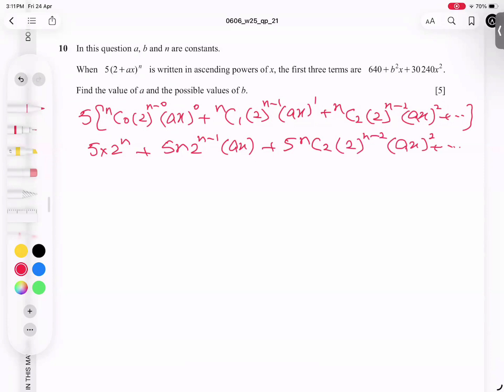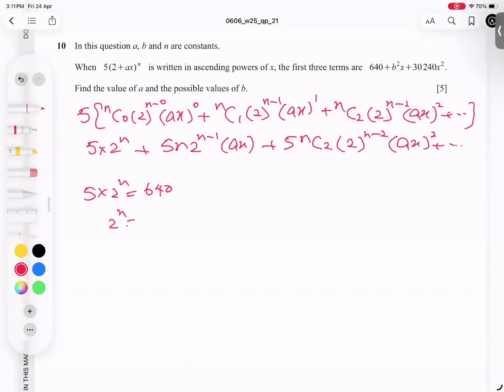Now, students, I'm going to compare this with this. So 5 into 2 to power n equals 640. When I divide 640 by 5, I get 128. And 128 basically is 2 to power 7. So 2 to power n is 2 to power 7, and n becomes 7.